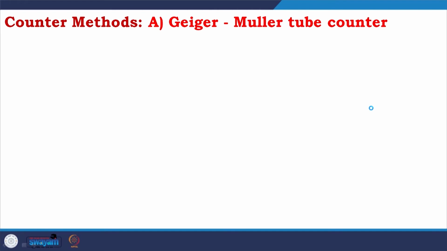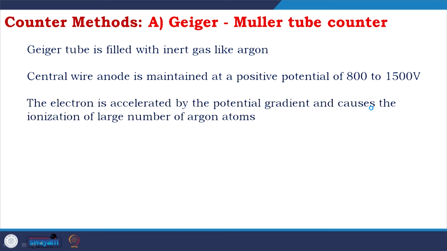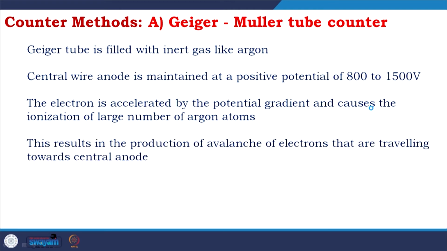So, counter methods: Geiger-Müller tube counter. Geiger tube is filled with inert gas like argon. The central anode is maintained at a positive potential of 800 to 1500 volts. The electron is accelerated by the potential gradient and causes the ionization of a large number of argon atoms. So, basically argon is inert, and that is why no side interference would happen.